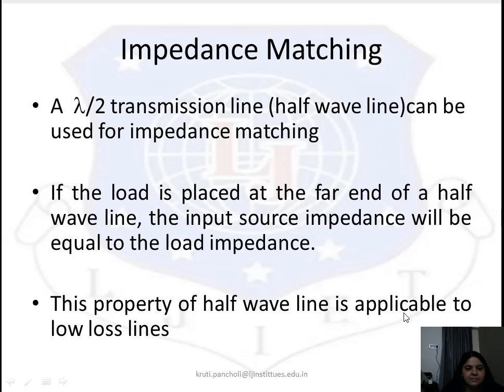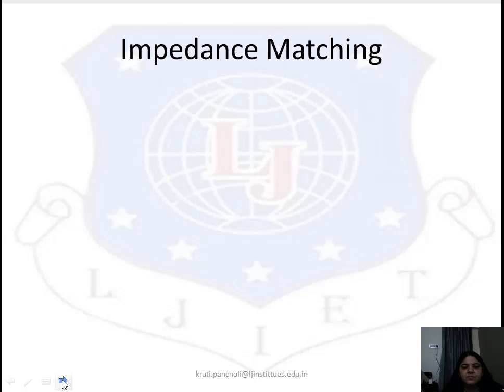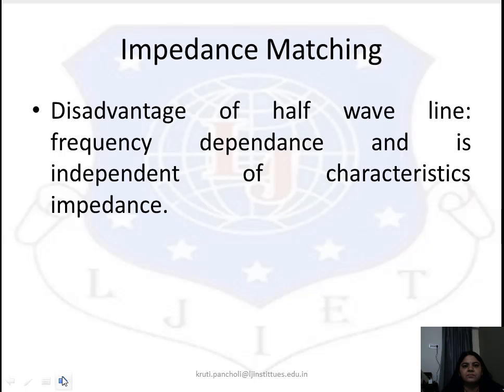It, however, has the disadvantage of frequency dependence, though it is independent of characteristic impedance.